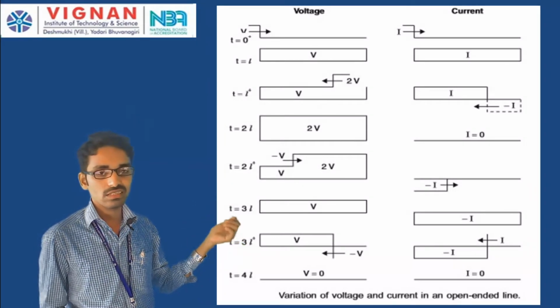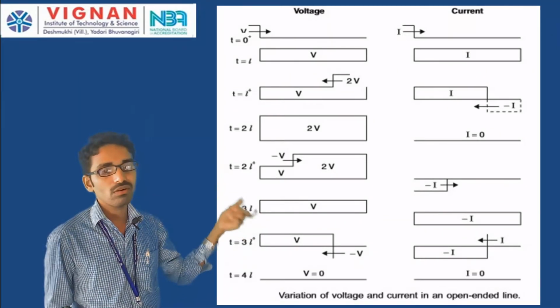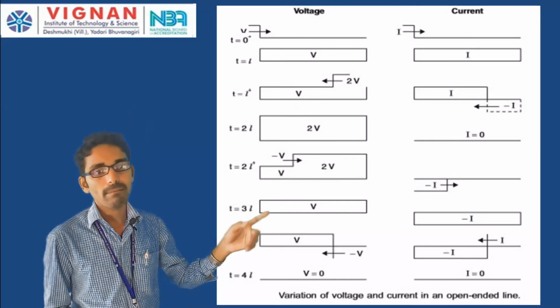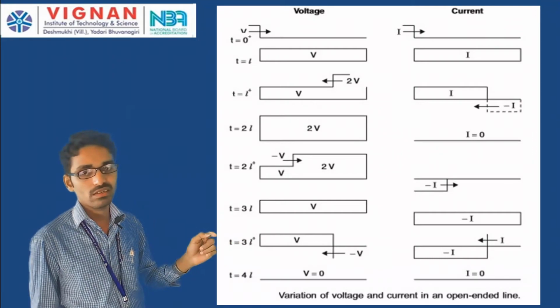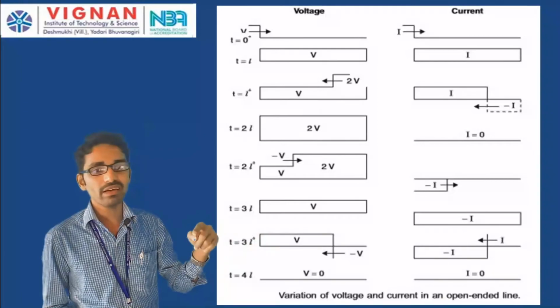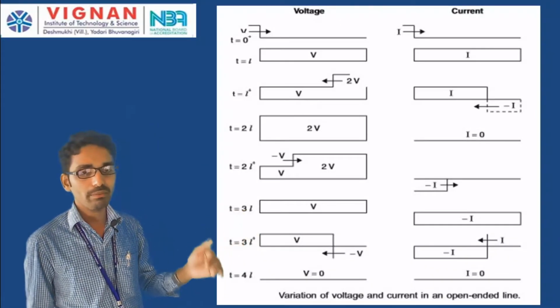At t equal to 3L, the voltage is V only, but the current is minus I, negative current. Okay. So at t equal to 2L+, the current is reflected back with negative sign again, so it has only minus I.